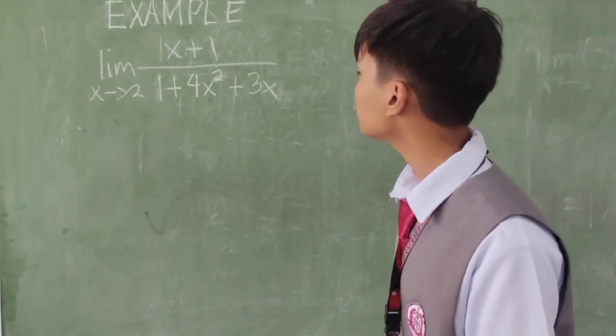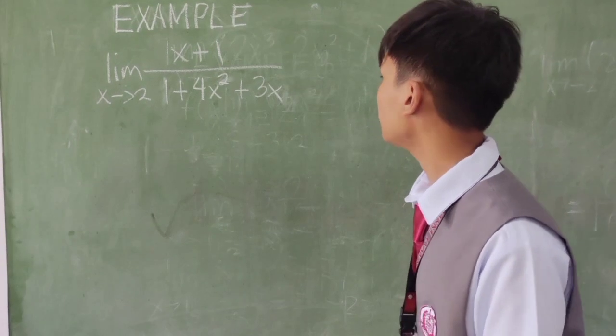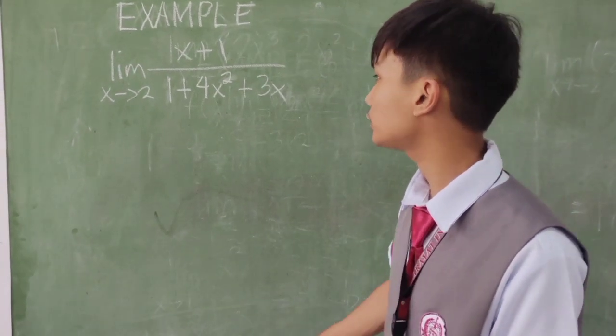Example, limit of x plus 1 all over 1 plus 4x squared plus 3x as x approaches 2.